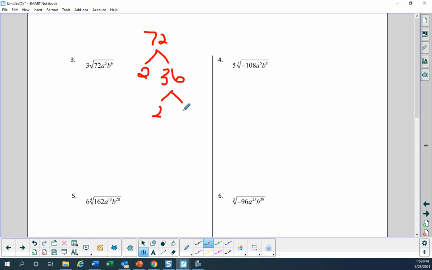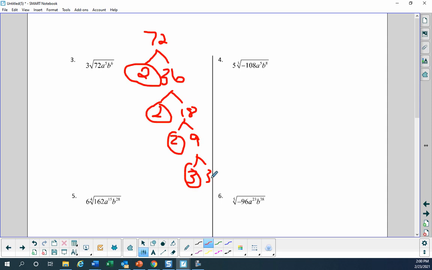It gives you 18. And again by 2 is 9. Then you have 3 times 3, right? So my prime factors are 2, 2, 2, 3, 3. So I can put in the square root. This is enough.